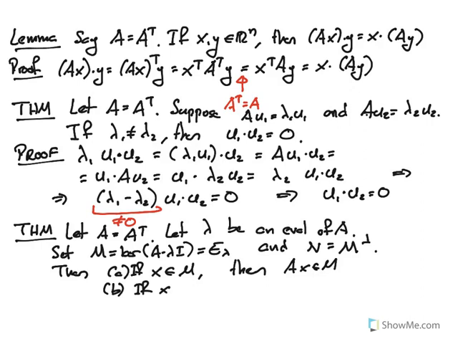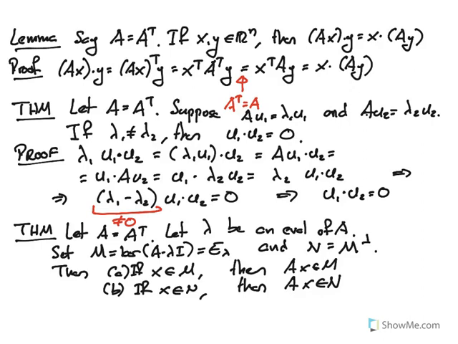And if x is a vector in N, then Ax remains a vector in N. So the technical term here is that M and N are invariant subspaces of the operator A. If you act with A on vectors in M, then you don't go outside of M. And the same thing in N.